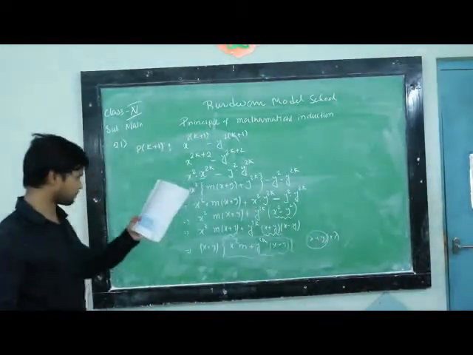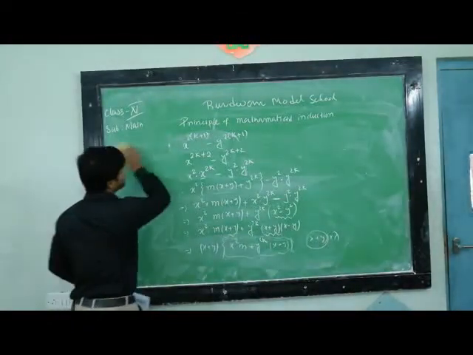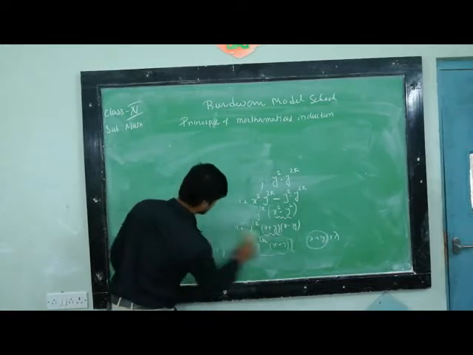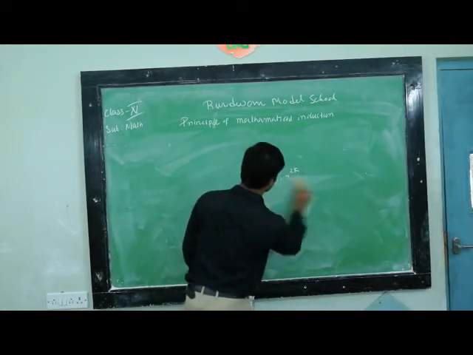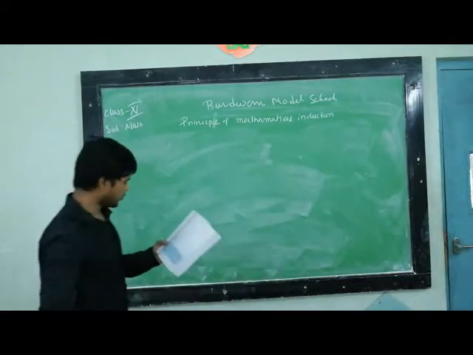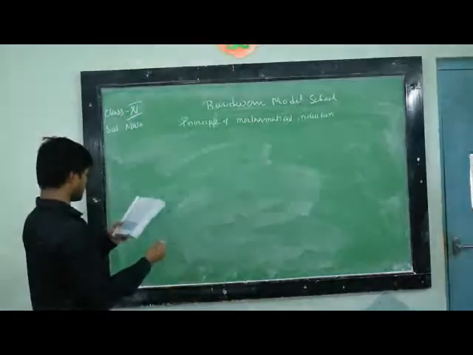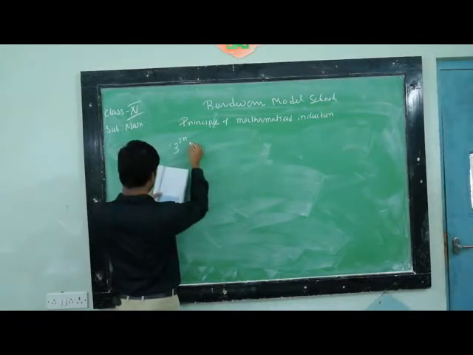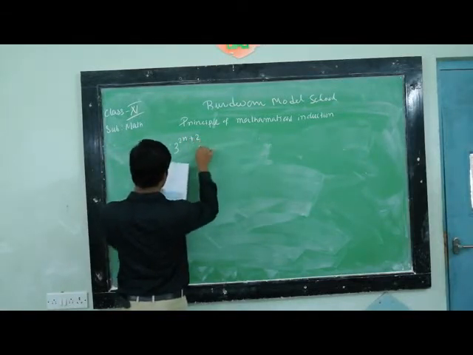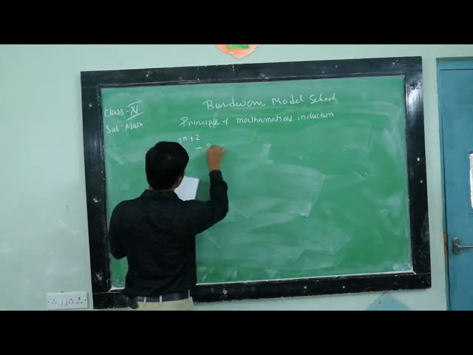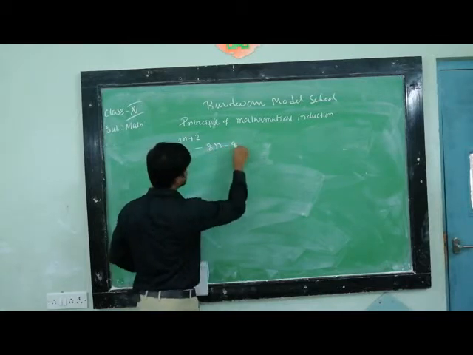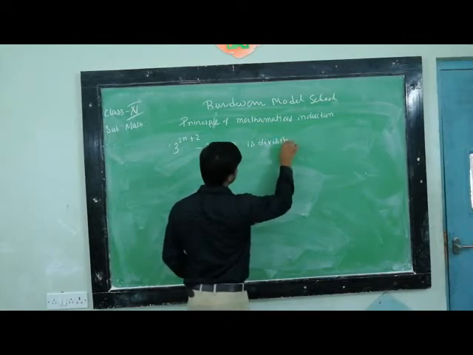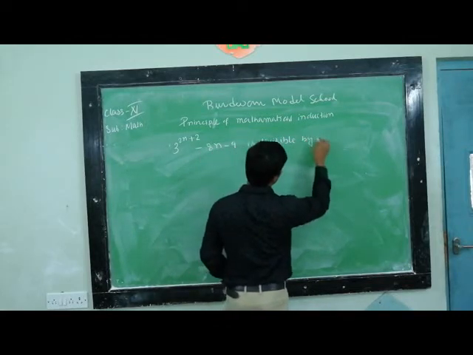Question number 22. We have to prove that 3 to the power 2n plus 2 minus 8n minus 9 is divisible by 8.